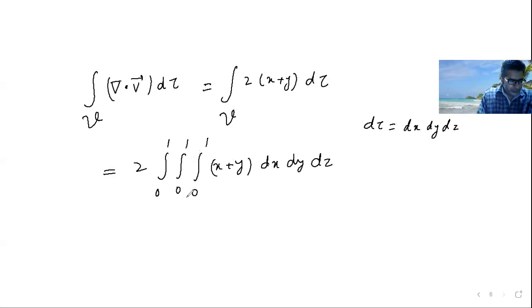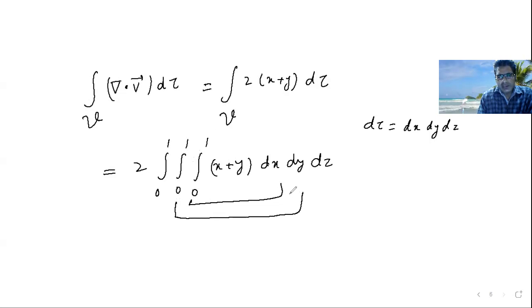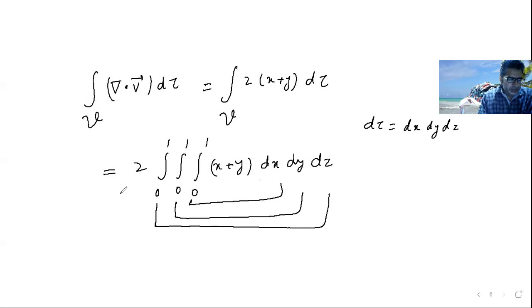Now we have to evaluate this integral. How we evaluate this integral? We first evaluate this much, right? Then that answer we put in the second integral, evaluate this integral. Then that answer is placed in the third integral, evaluate this thing. We get the answer, right?